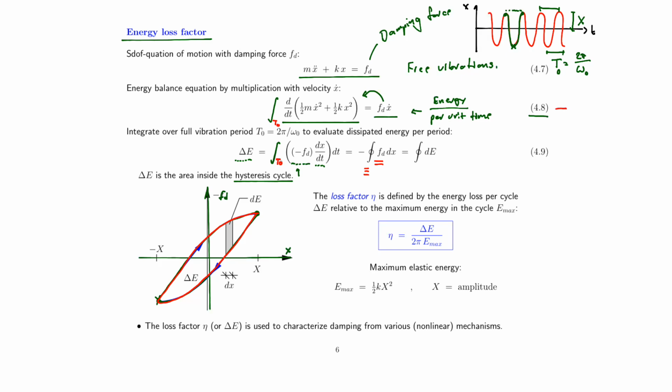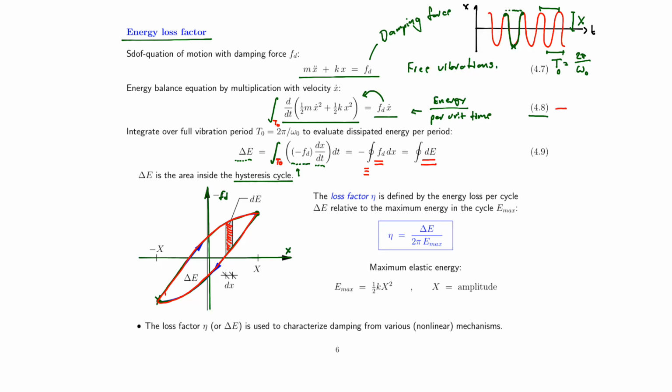And Fd times dx corresponds to the area inside the hysteresis loop. If we move around the entire loop, we will simply integrate Fd times dx. And Fd times dx is the same as energy. So force times displacement is our work, and thereby referred to as energy because it's an internal force.